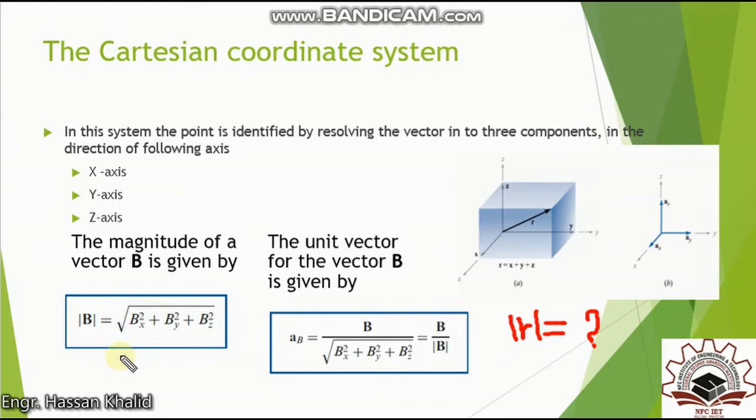Basically, the magnitude of any vector, let's say b, is given by this equation, which says that it is equal to the square root of the sum of the squares of each component.